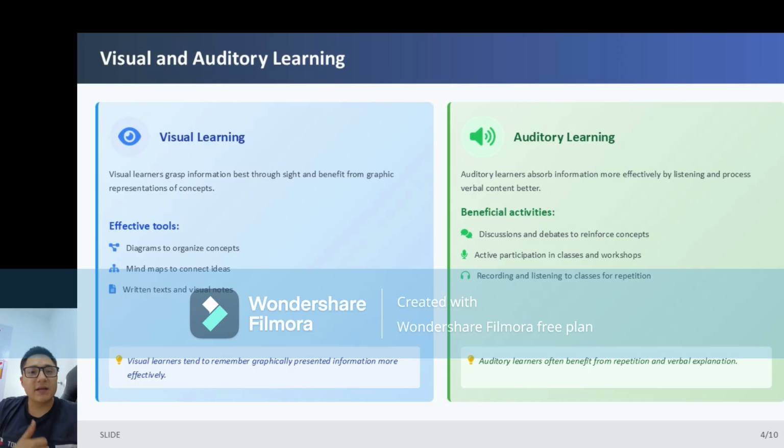Auditory styles. Auditory learners process verbal content best and benefit from repetition and oral explanation. Key activities include discussion and debate to reinforce concepts, active participation in class, and recording and listening to lectures for later review.